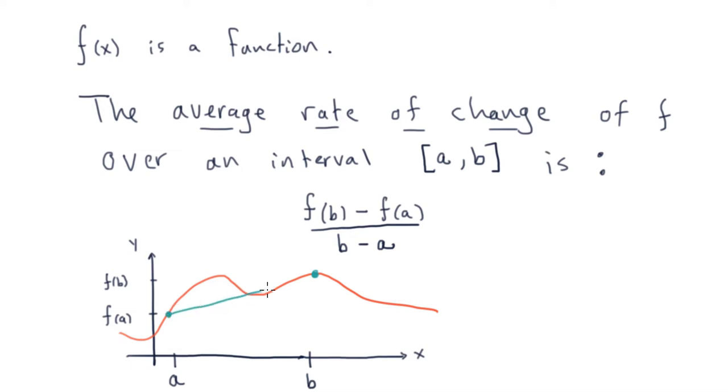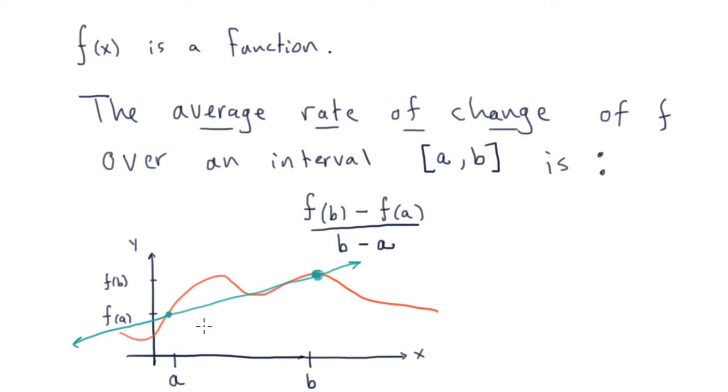So if I just kind of connect the dots here, well, you get the idea. Like that, I get a line. So 2 points in the plane give me a unique line. Now notice that this rise over run, or this average rate of change, is the slope of this line.